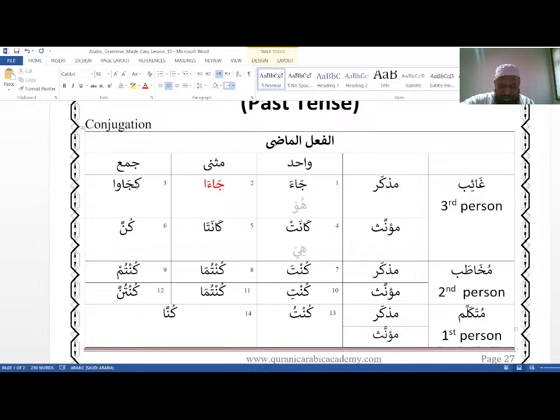Let me just press a few keys so we know which one it is. I knew this. How can I forget? جاءوا.